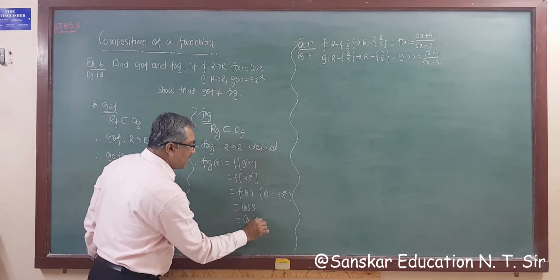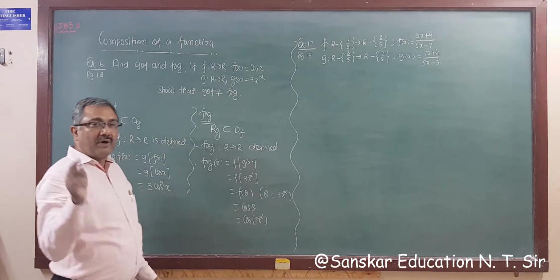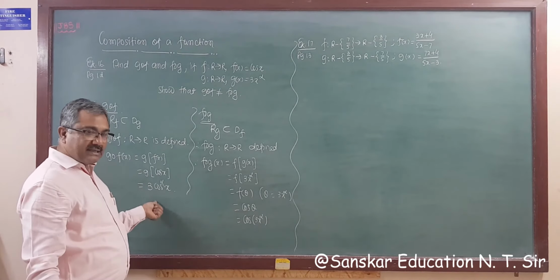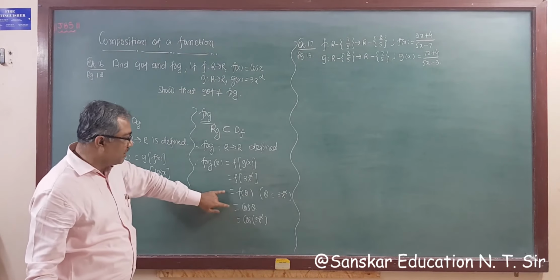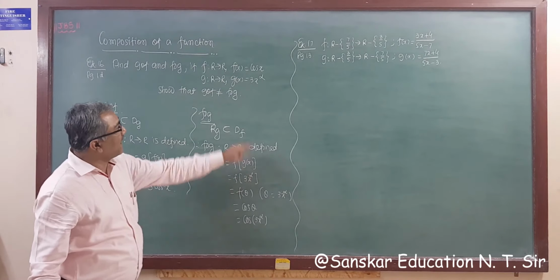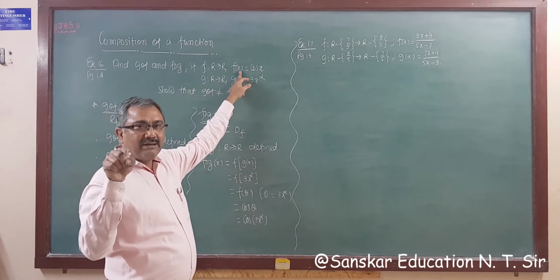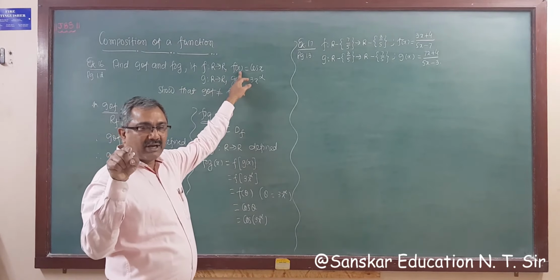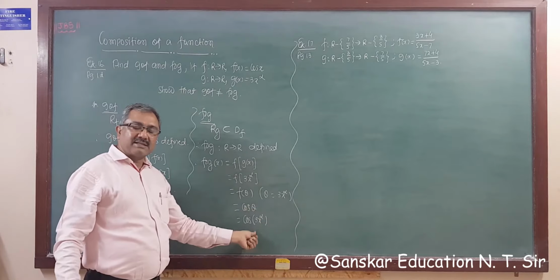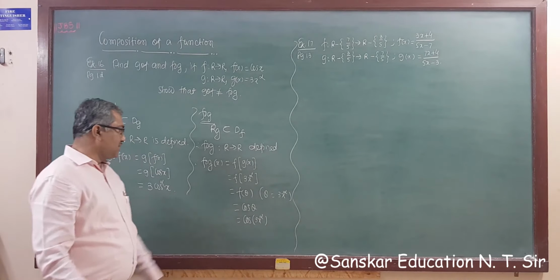It is 3x square, right? If you are able to write directly, then you can write this directly. No need to write these two steps. f of, instead of x, we write a bracket. So the answer will be cos, and in the bracket 3x square. So write down cos 3x square. So this is your answer.